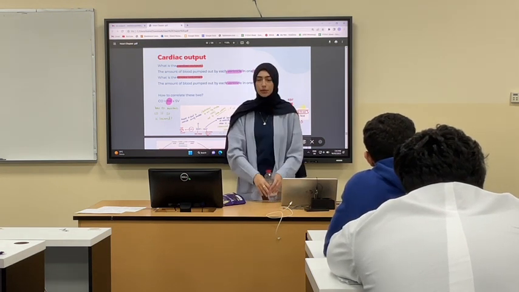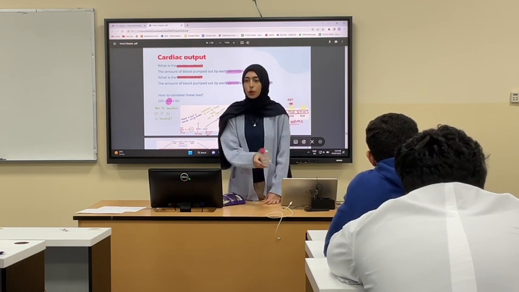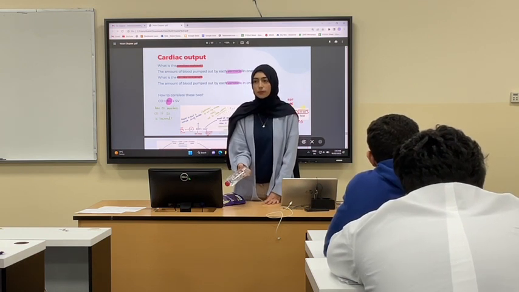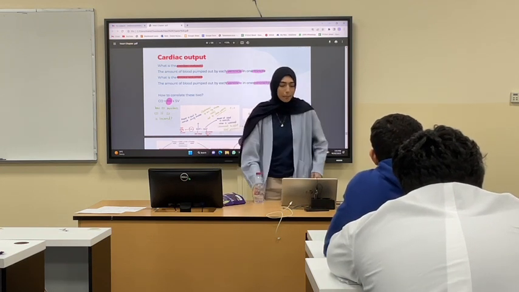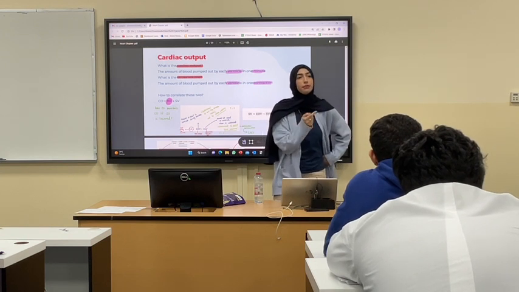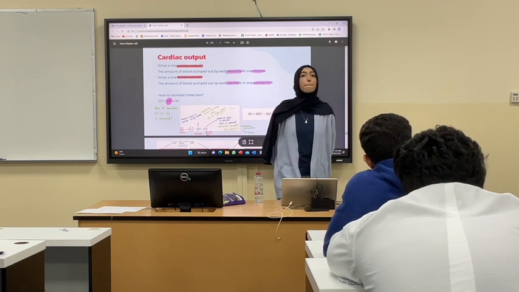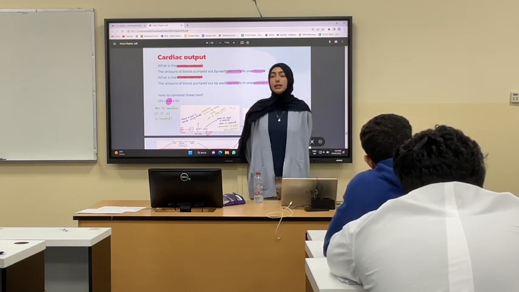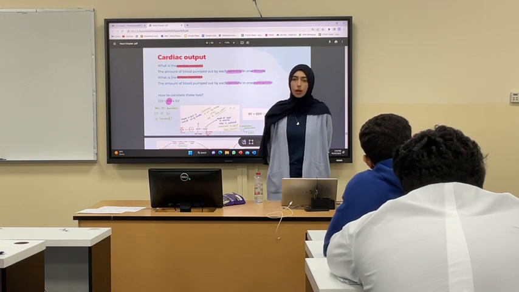Now I want to know how much blood left this ventricle just now. Will I need stroke volume or cardiac output? Stroke volume, because it's not per minute. Okay. So now how am I going to compensate for that difference? If I want to find out the cardiac output, how will I be able to? Multiply by the heartbeat. Exactly. So we have how many heart beats per minute, approximately.